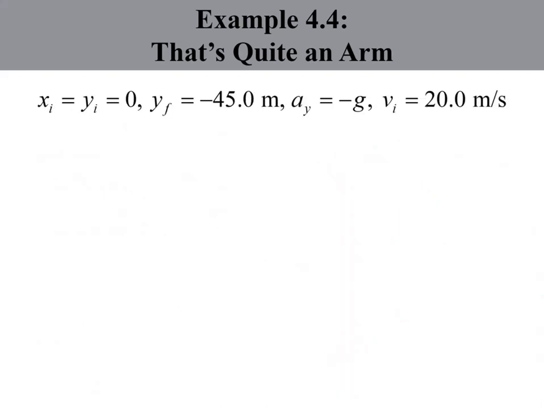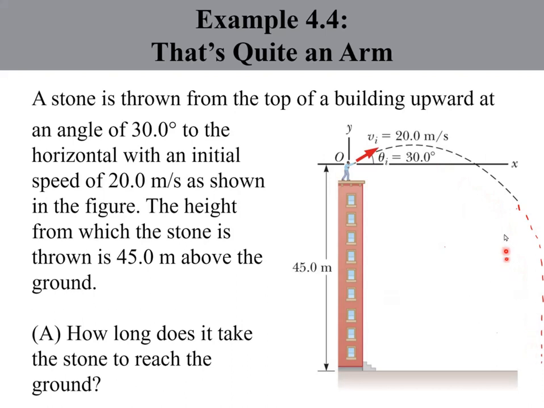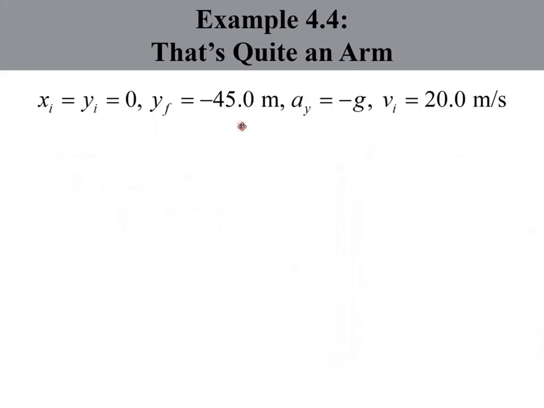The information given in the question is that the distances x and y are initially 0. As the stone falls down, even though it goes upward initially and then goes down, in terms of displacement, initially the stone was here and then it goes down, so it has a displacement of negative 45, or 45 meters downward.